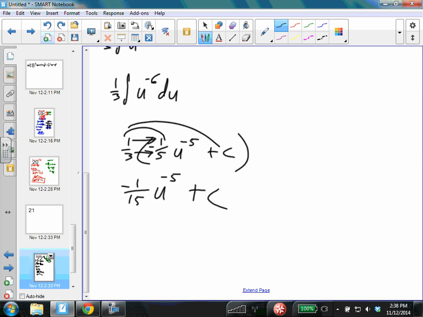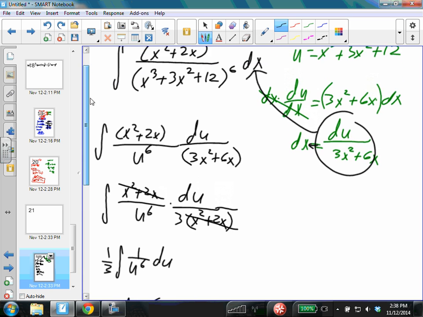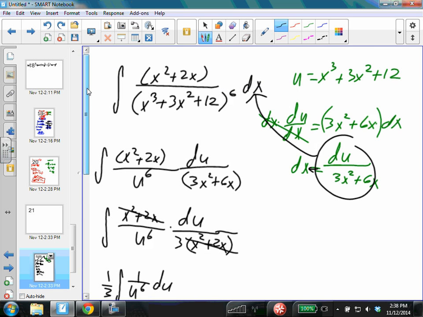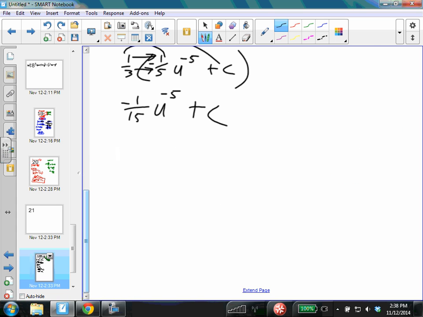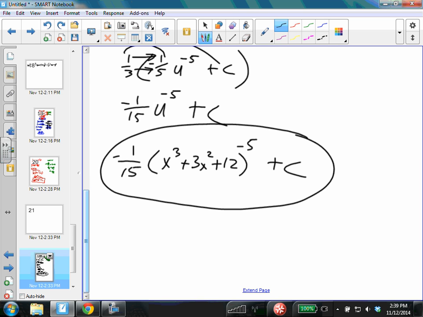So the -6 plus 1 makes -5. Okay, and now we want to plug back in for u, which was x cubed plus 3x squared plus 12x. So down here, I'm just going to trade that back in for my u. So x cubed plus 3x squared plus 12x to the -5th plus our constant of integration.